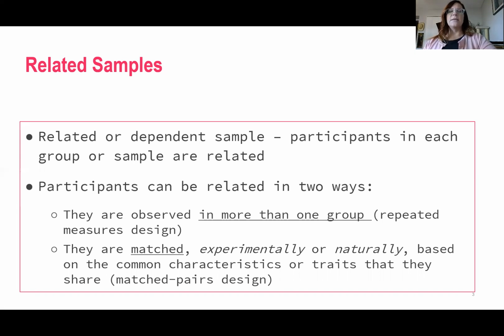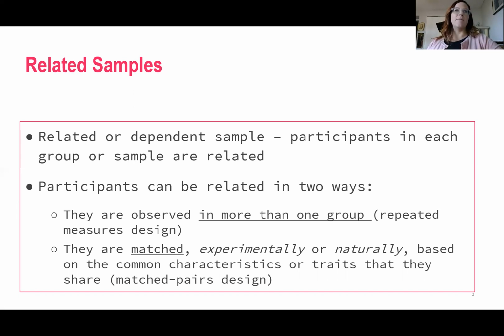But there is this unique design, and it's the only time that we actually make sure that we use the correct term, because it is different than related measures or repeated measures or dependent samples, and it's called a matched samples design. So that's why we're introducing this idea that with related samples, it can be just the same people in more than one group.